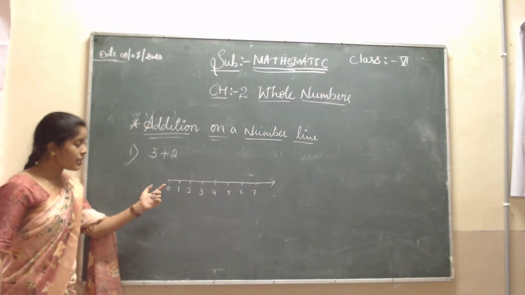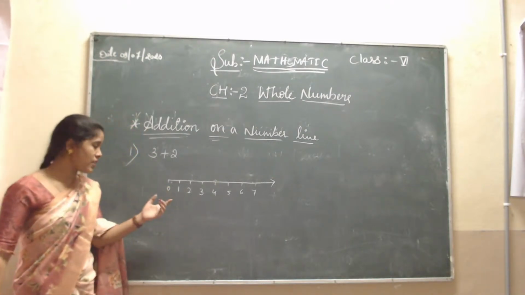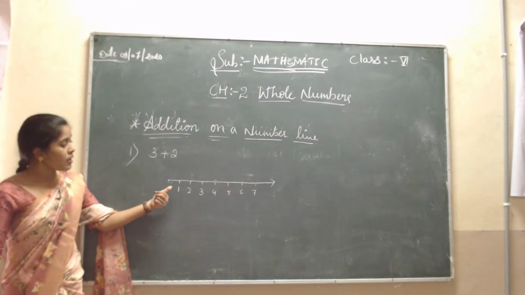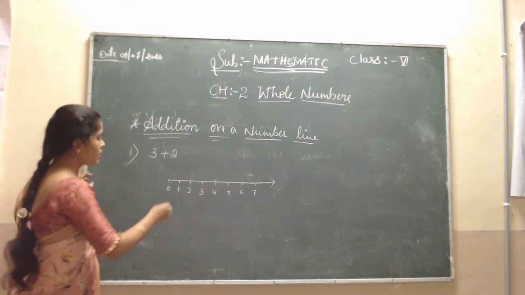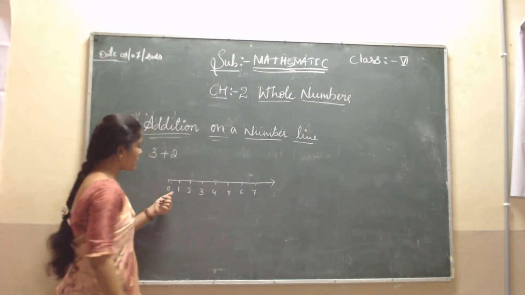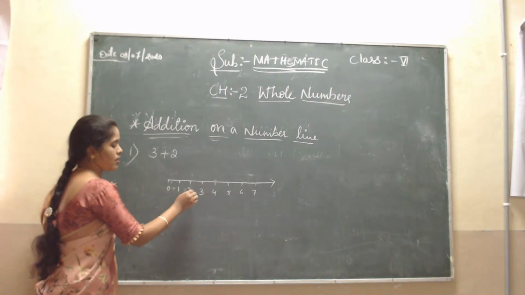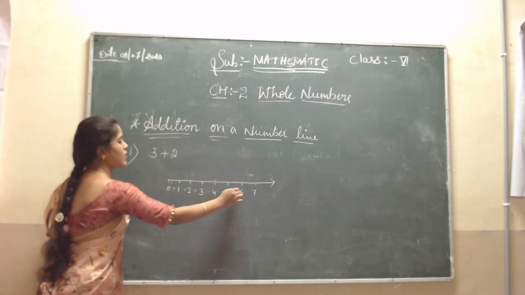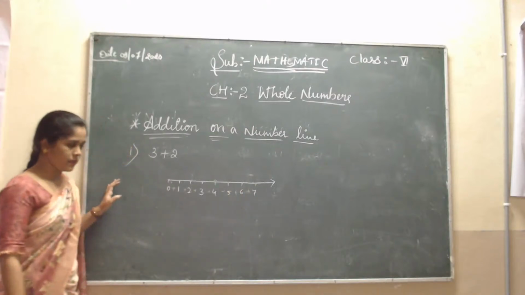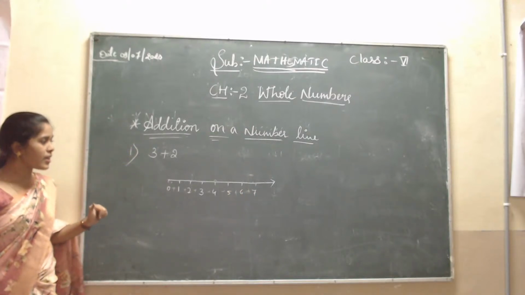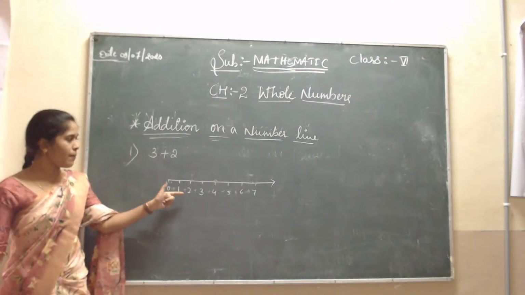Why are we not writing their sign? Because if a number does not have a sign, it indicates that it is a positive number. See, plus 1, plus 2, plus 3, plus 4, plus 5, plus 6, plus 7, and so on.